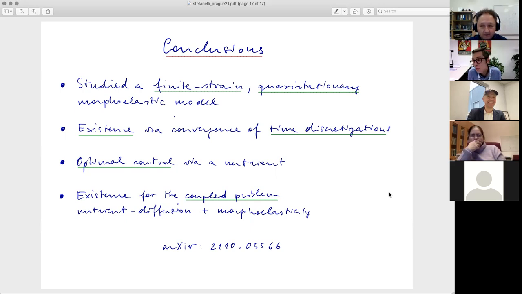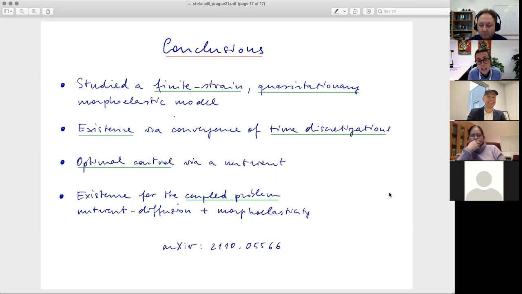For instance, one can prove that a solution exists via passing to the limit in a suitable time discretization. Here, the new thing, at least for me, was the use of this exponential scheme, which is otherwise pretty well known by engineers in finite plasticity.